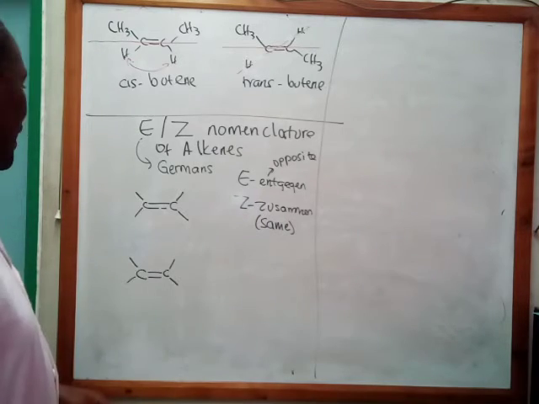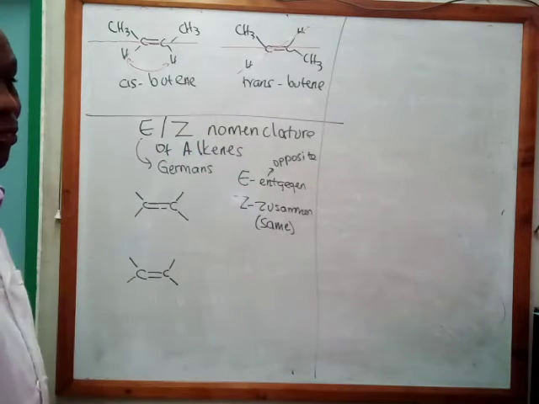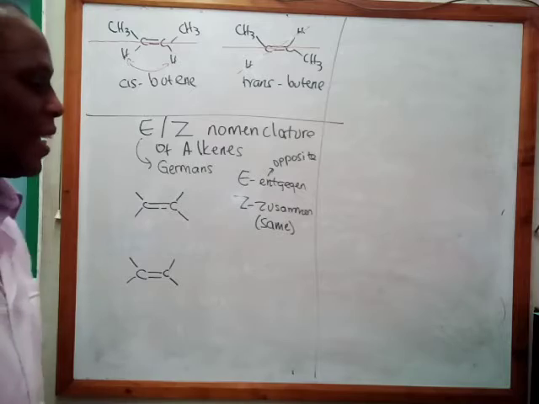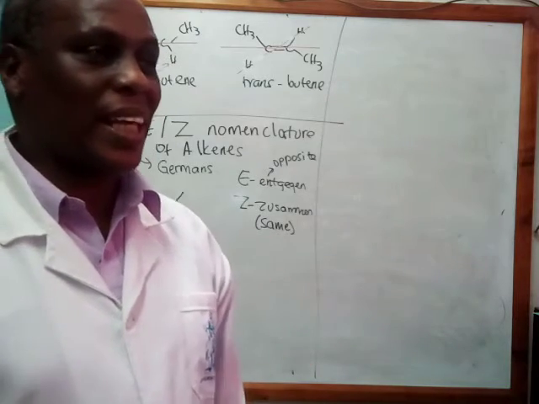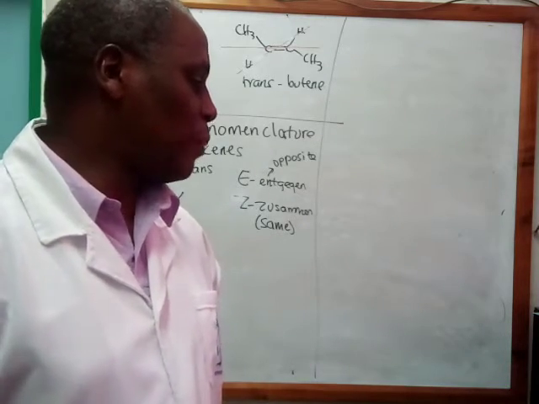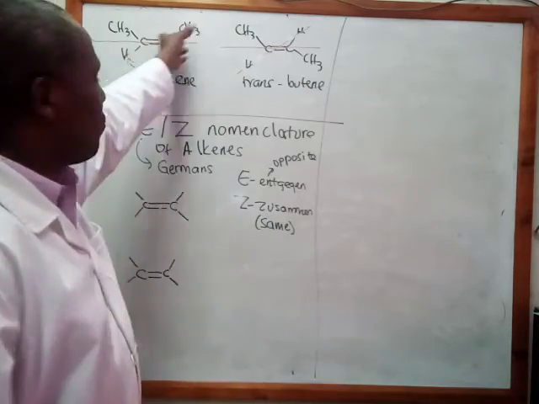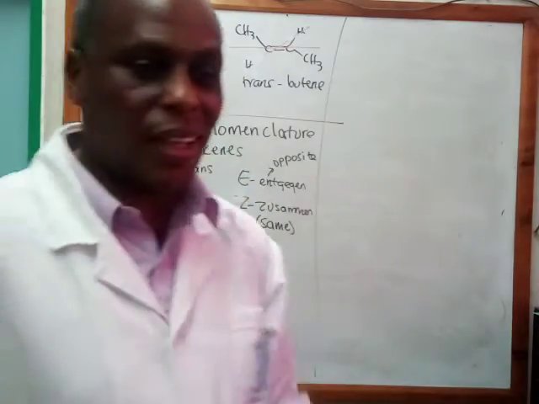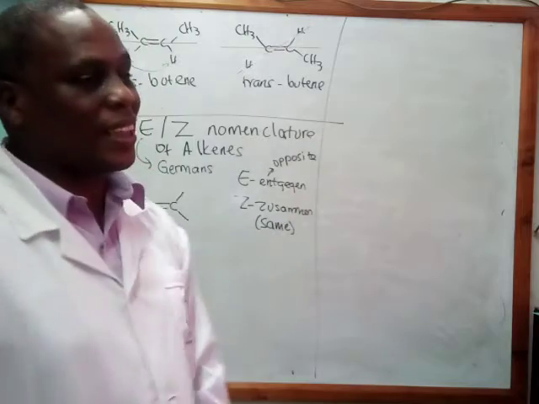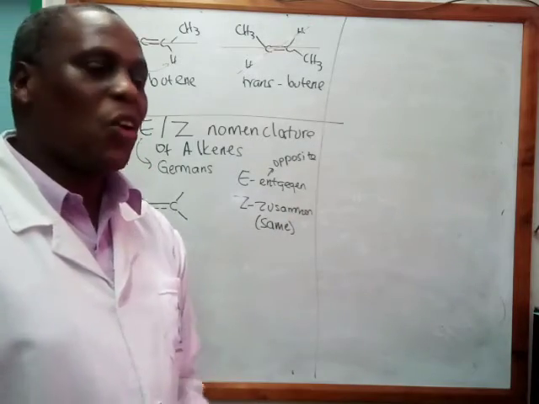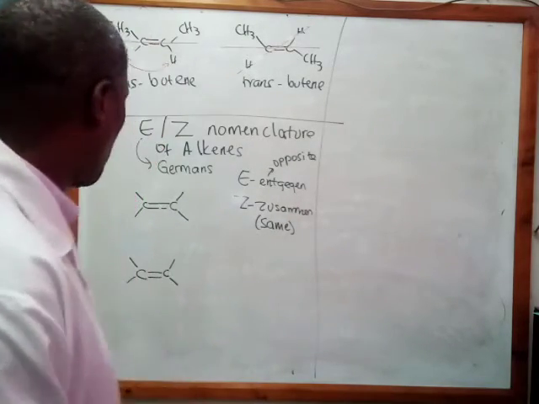But now, if you're dealing with this kind of nomenclature, it is more universal, and they came up with another way, because in this case, you're not going to be having two groups, like in this case, hydrogen as either being on the same side or across. What they did was to look at the group.